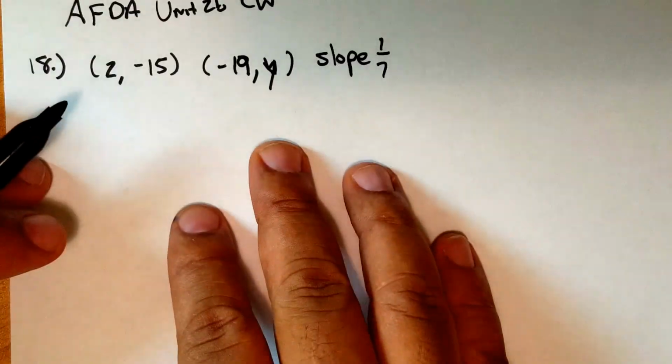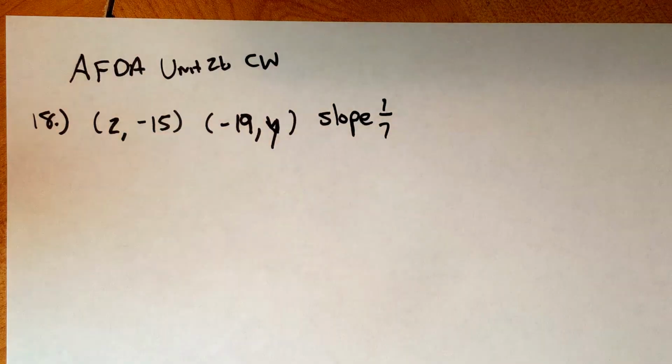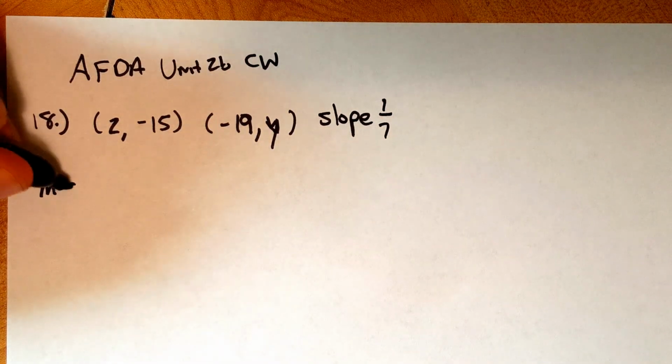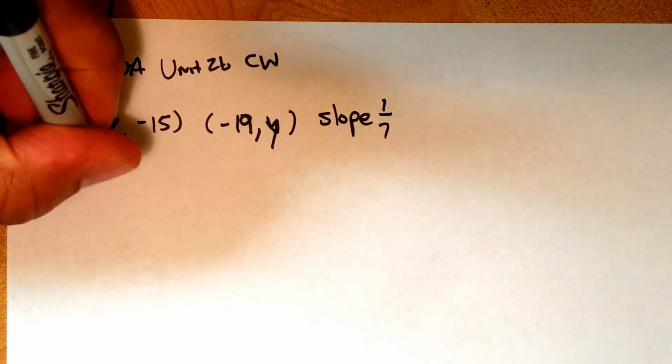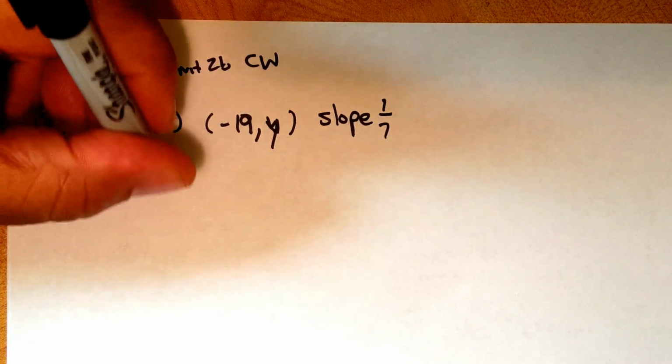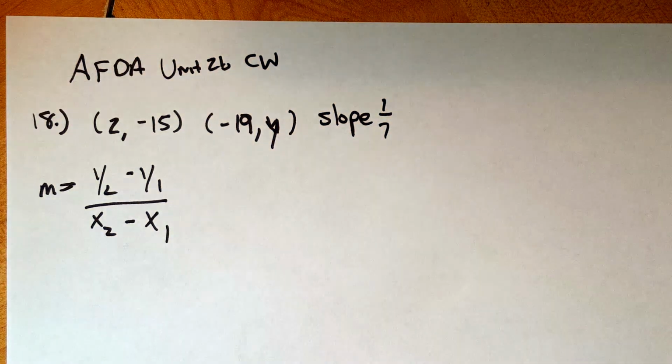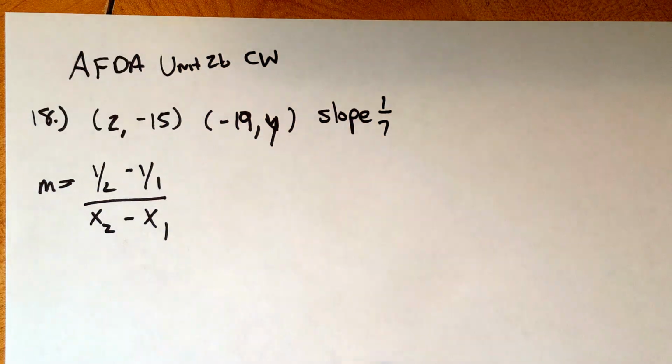Okay, so again, step by step, piece by piece, I'm going to go slowly and methodically. I have my equation, y2 minus y1, x2 minus x1, and I'm going to plug in.